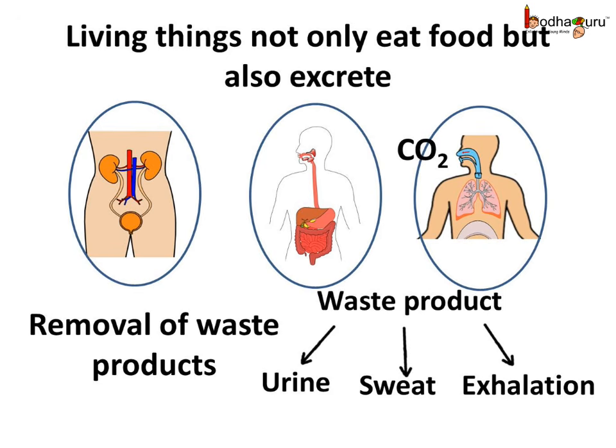These harmful wastes have to be removed from the body. The animals remove these through urine and sweat. Carbon dioxide, which organisms give out during exhalation, is also a waste product. So the living things get rid of these wastes by the process which is known as excretion.